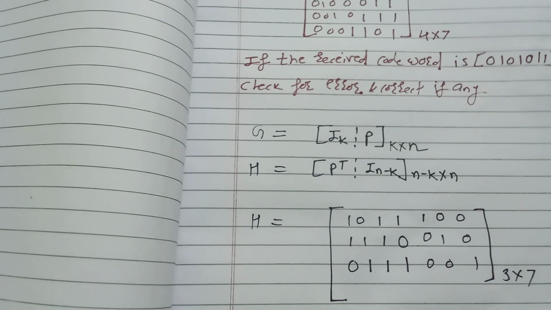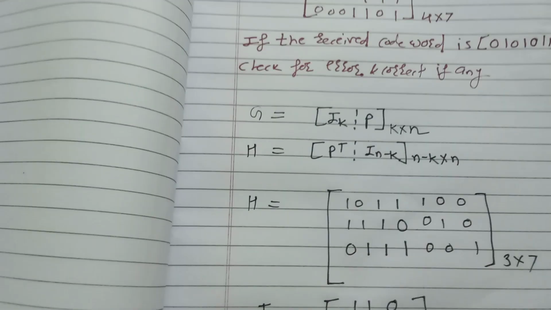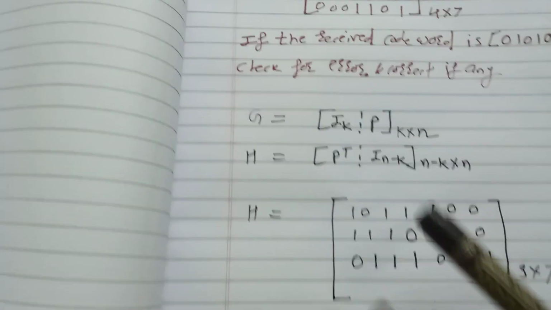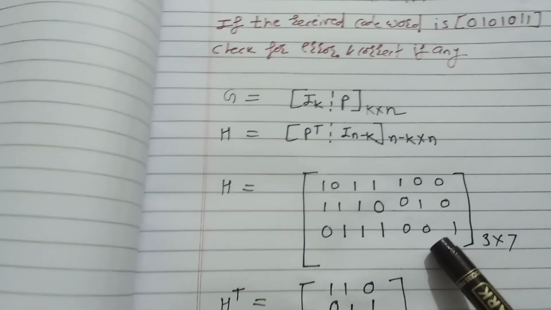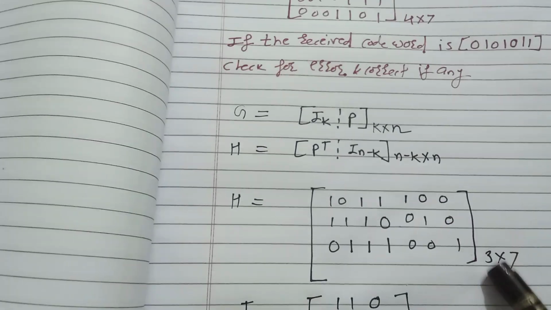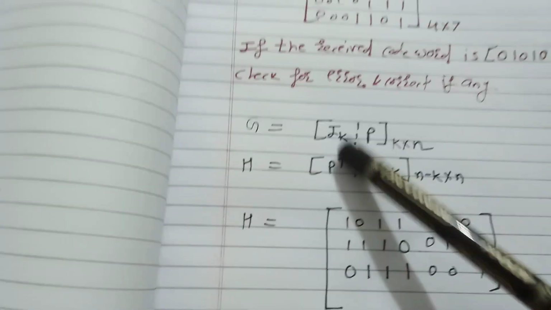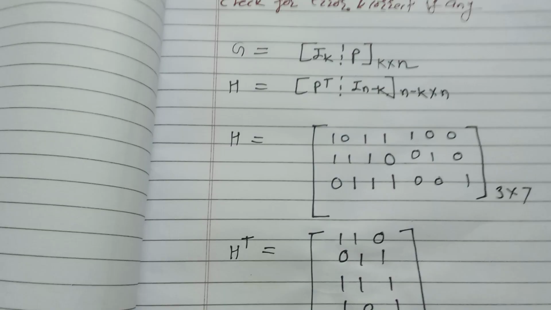So this is the formation of the parity check matrix. The parity matrix is this one, P. So this is the parity check matrix, and it has dimension n minus k into n, so 3 into 7. This you should remember for both chapters, cyclic as well as linear block code.